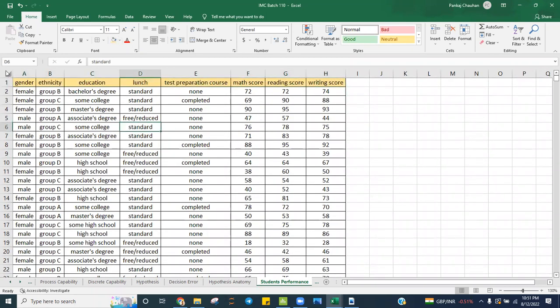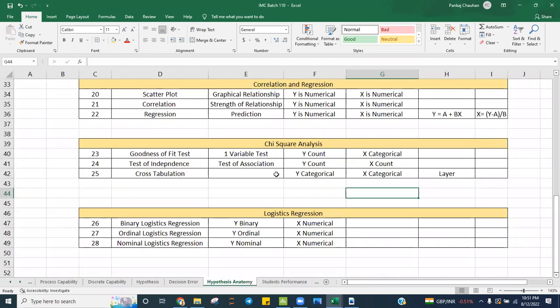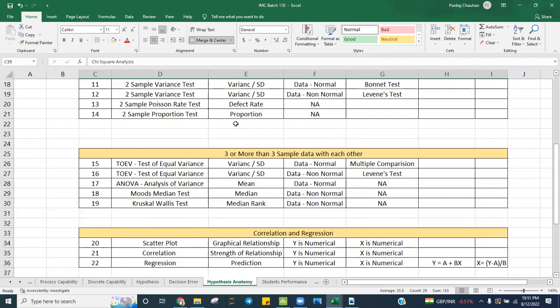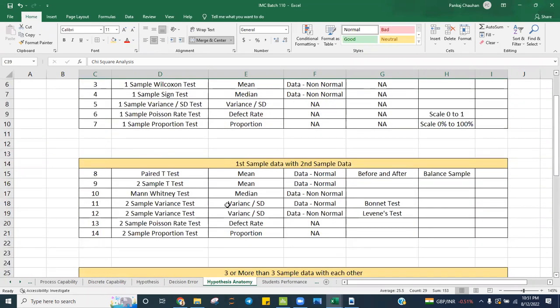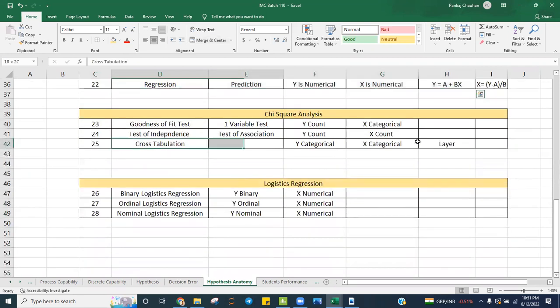Understand this data. Read this data carefully. What is this data? As per this data, try and find out which test will fit. Maybe I want to fit the regression, the goodness of fit, the cross tabulation, or the ordinal logistic regression.